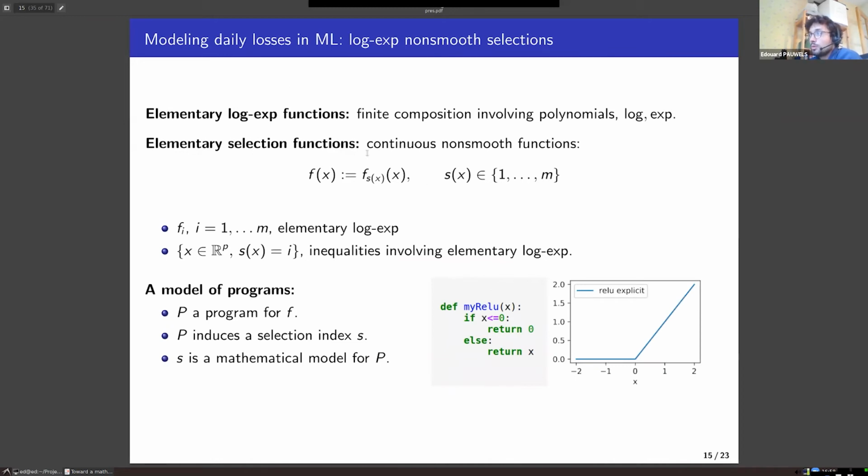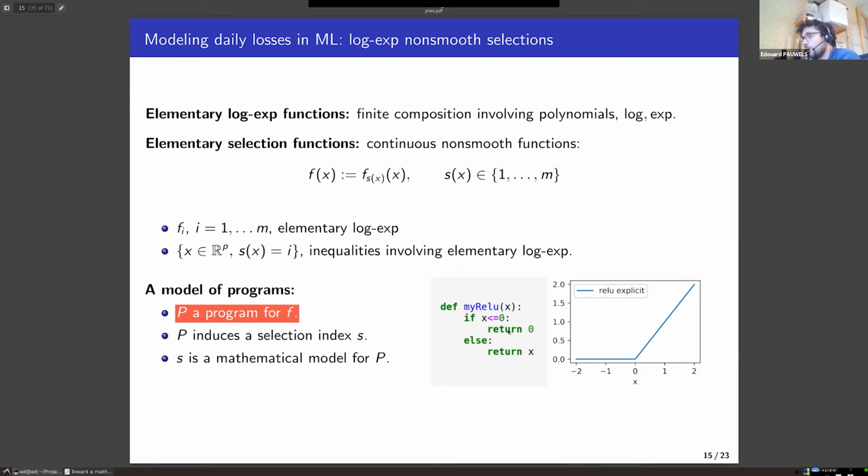So why do we choose this representation? Essentially, it's a model for a program, right? If you have a program P for a function f, the same example as what we had before, the ReLU function, then P actually induces a selection index here.